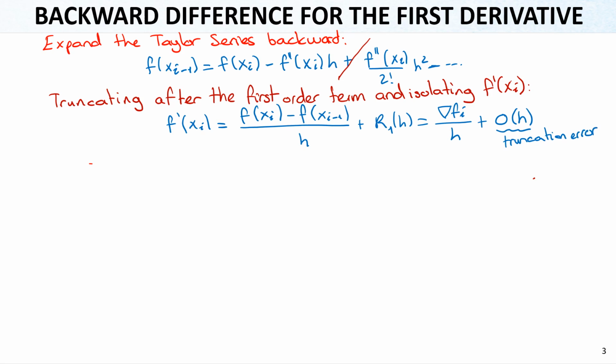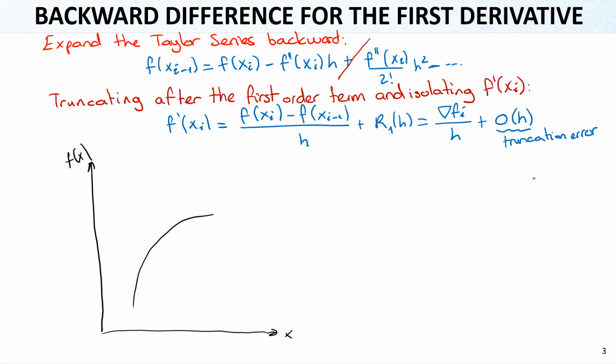And if we try to explain this graphically, let's draw the graph again here. Again, f(x) and x, and we have this function again. Let's say this is x_i, this is x_{i+1}, and this is f(x_i).